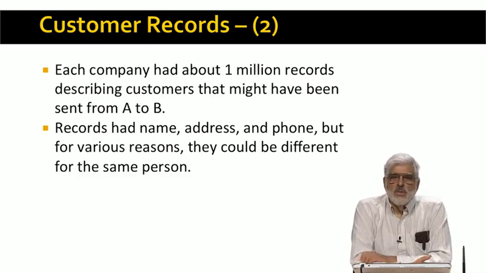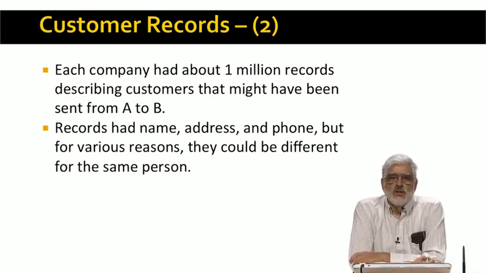In addition to typos and the sorts of variations in name we discussed earlier, there were many other sources of difference. People would move and tell one company their new address, but not the other. Area codes would change even though the rest of your phone number remained the same. People would get married and change their name. In all these cases, one company might track the change and the other not.